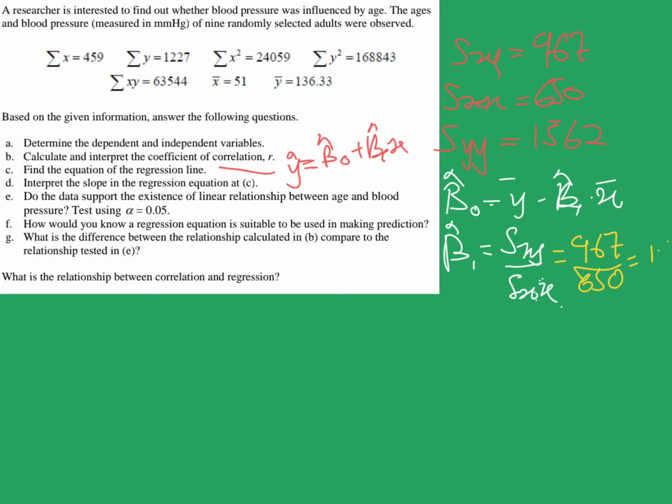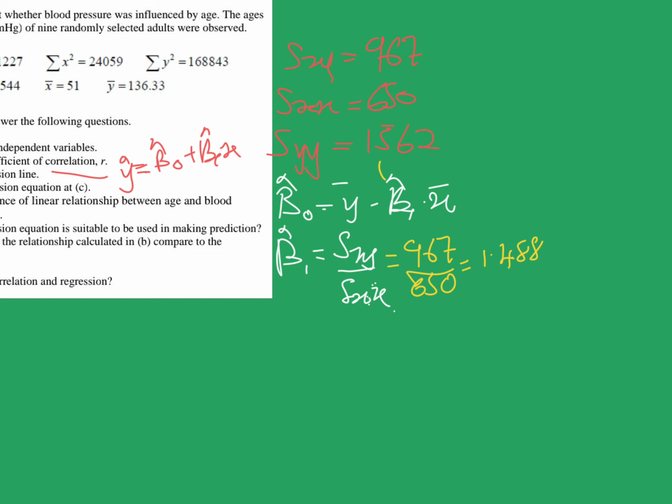Right? Try to calculate it. As for beta naught, now that we have beta 1, which is 1.488 here, we can calculate it.